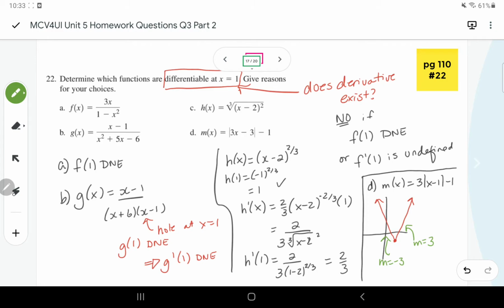Because they're different slopes, we can't figure out what the slope is exactly at that point. So this would be not differentiable. I think it's probably easiest for you to show that from a graph, but like I said, the absolute value functions will not be on the test for Unit 5.